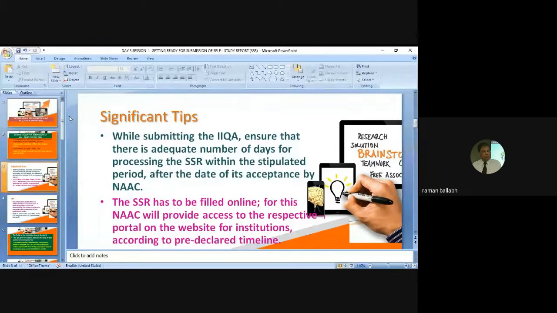Once you fulfill the IIQA, you should fulfill it only when your SSR is prepared. Only when it is 95% prepared should you go with the IIQA, because you have very little time to rectify and create.